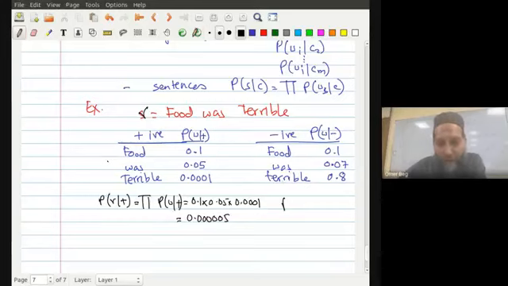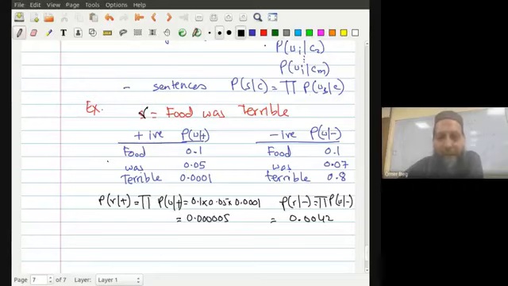And similarly we would be doing this for the negative class, the product of all these probabilities for all the words in the same review, and we would be getting something like 0.0042, let's say.